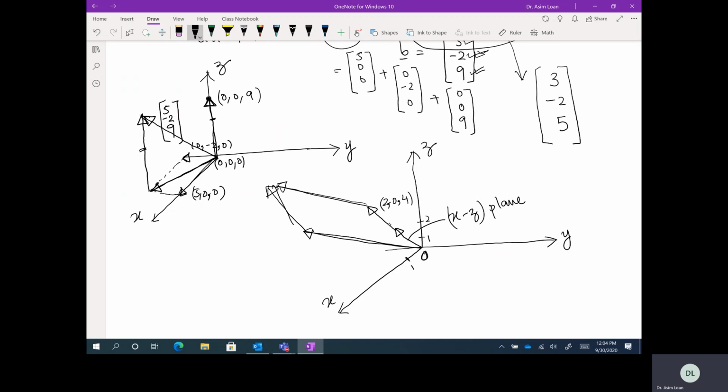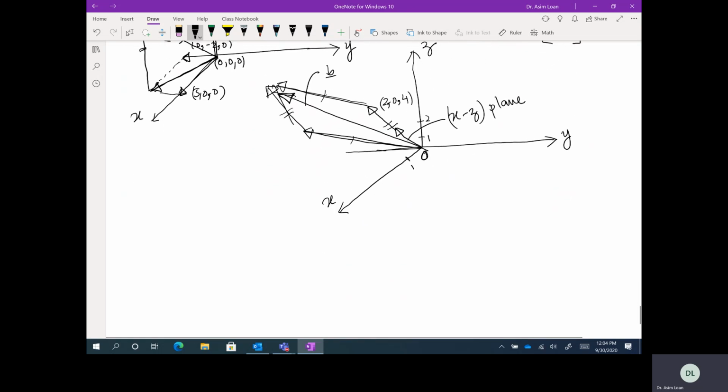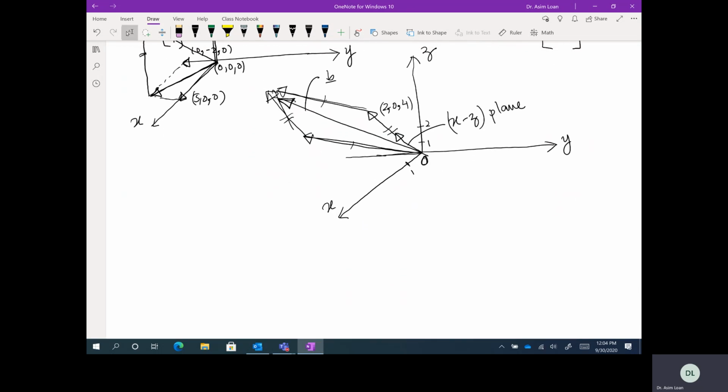Probably that makes sense. So this is my resultant, and this resultant is still b, (5, -2, 9). Obviously this is not drawn as well as the software would have done it, but it should be all right.